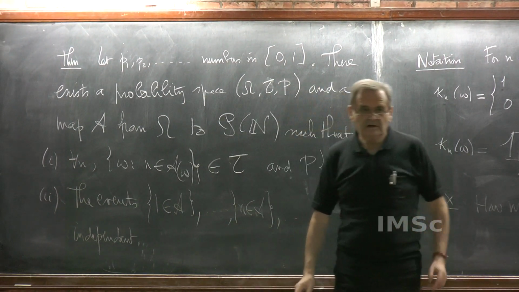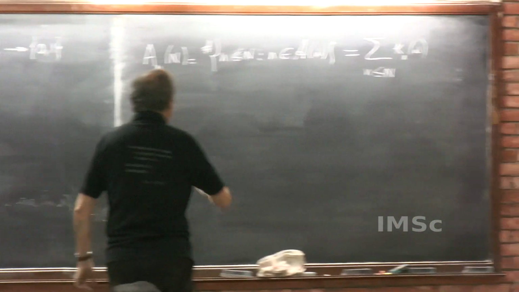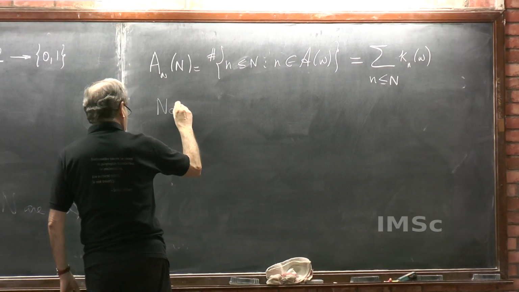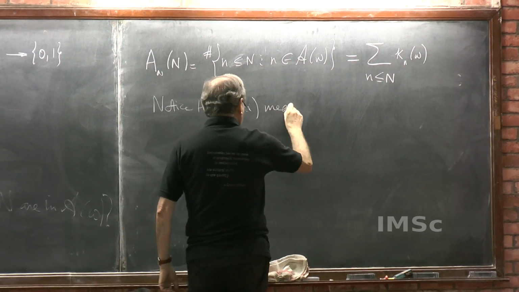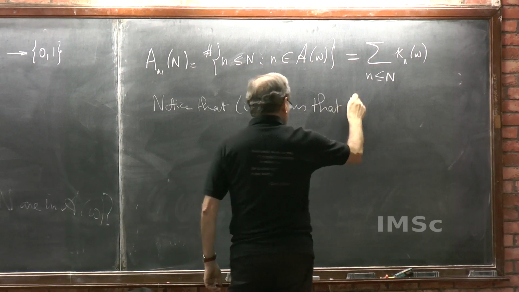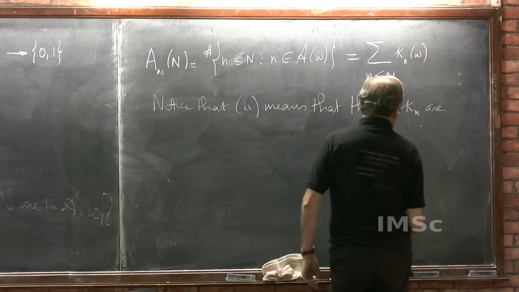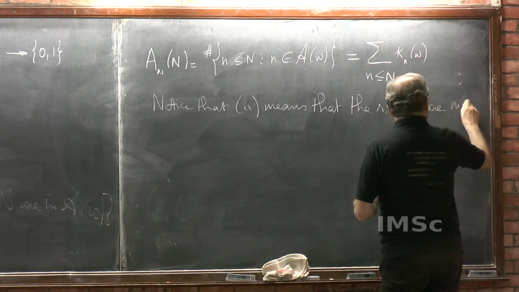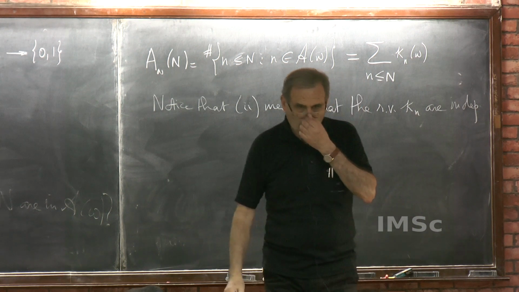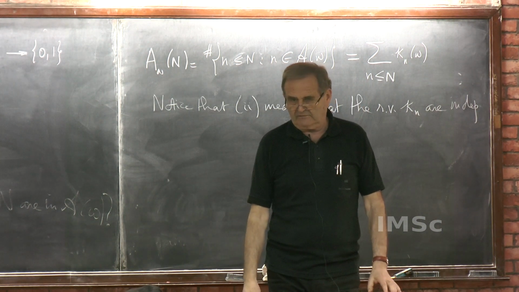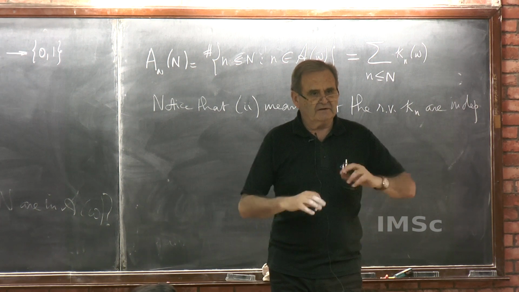The condition 2 tells you that the random variables kn are independent. Okay, notice that 2 means that the random variables kn are independent. Kappa n or kn, as you wish, are independent. So we're dealing with a sum of independent random variables, which is a good probabilistic context.